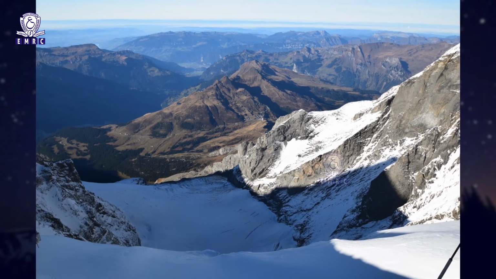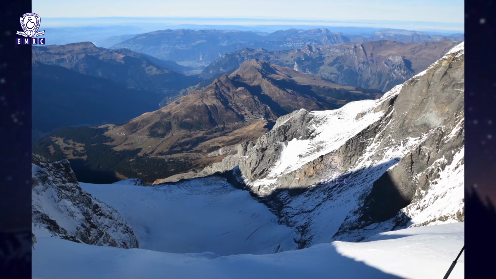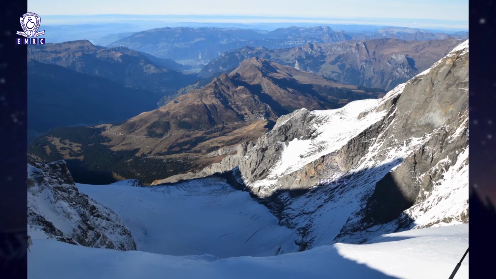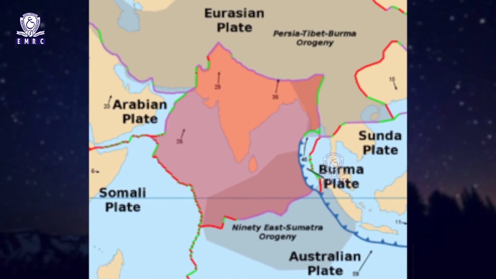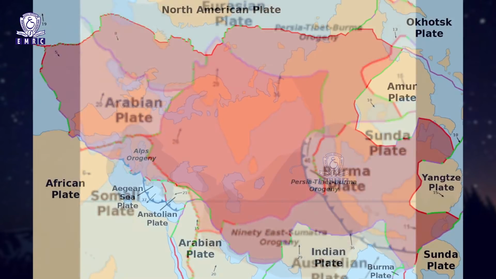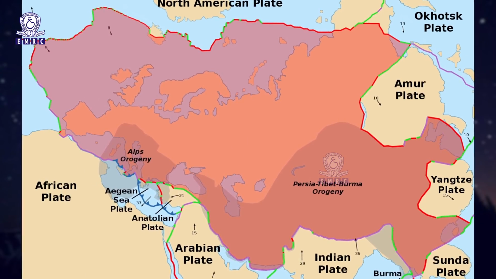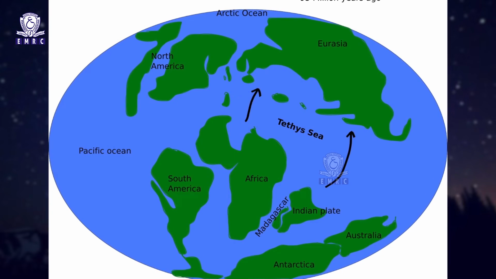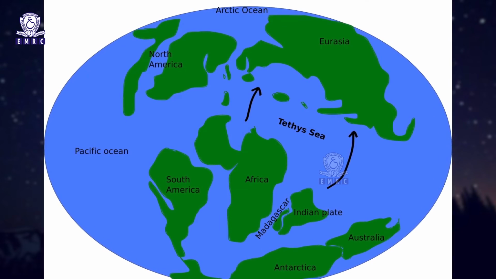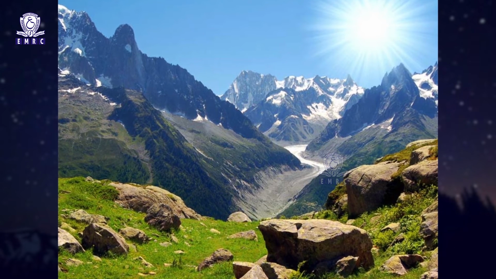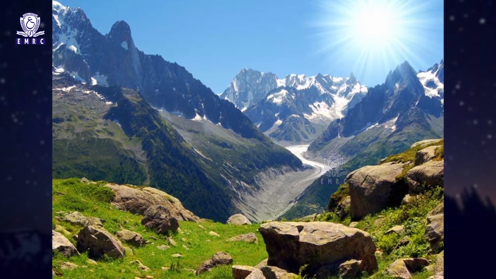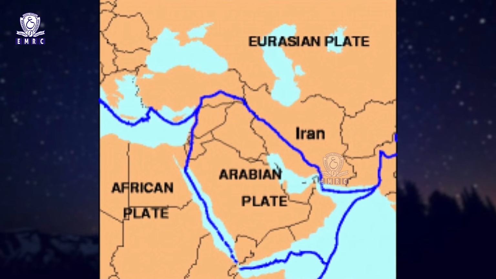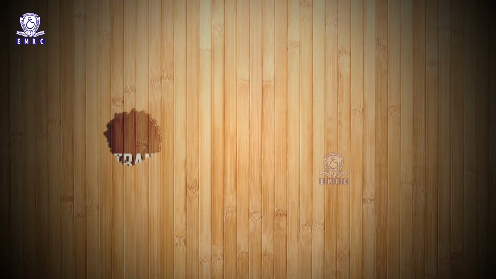When two continental plates converge along a line, then fold mountains are formed. For example, when the Indian plate and the Eurasian plate collided, the sediments in the Tethys Sea were folded to form the Himalayas. Alps mountains in Europe resulted from the convergence of the African and European plates.